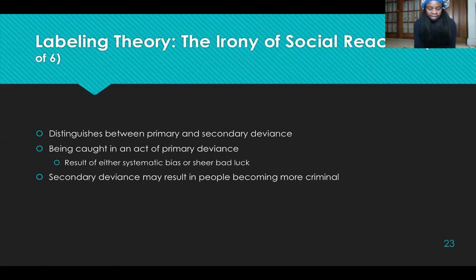According to labeling theory, being caught in the act of primary deviance is the result of either a systematic bias or sheer bad luck. The real criminogenic experience comes after a person is caught and labeled. The central concern of labeling theory is thus to explain the consequences of being labeled. Secondary deviance results from society's reaction to primary deviance of those who have been caught.